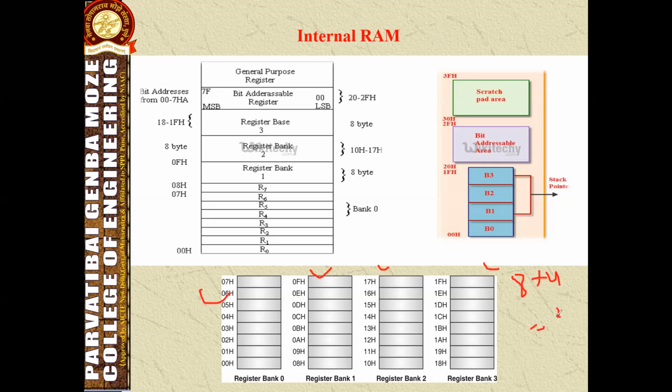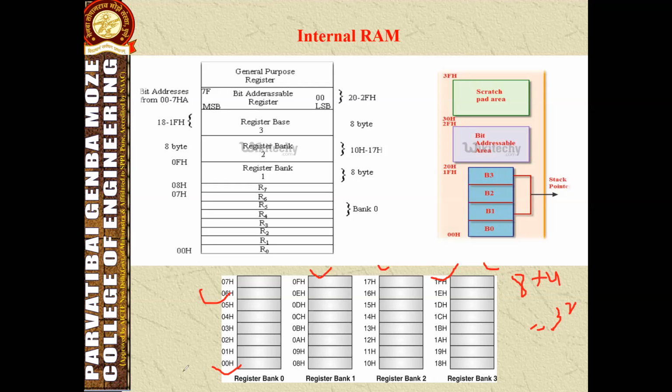Total 32 registers. The banks together contain a total of 32 registers, addressed starting from 00H. What is the last address? The last address is 1FH. It may be important from the exam point of view. What addresses does bank 0 contain? If asked, you should mention 00H as the starting address and 07H as the last address of bank 0.